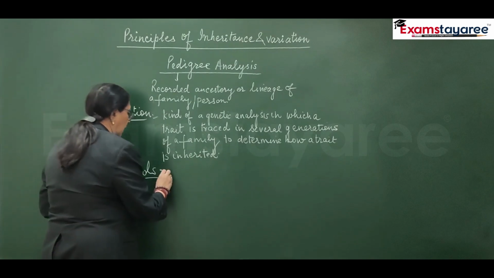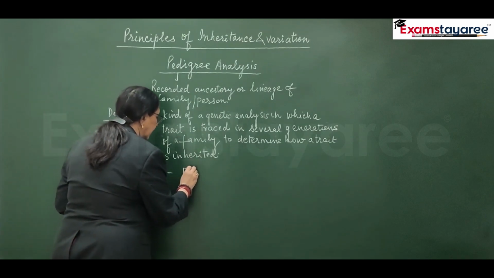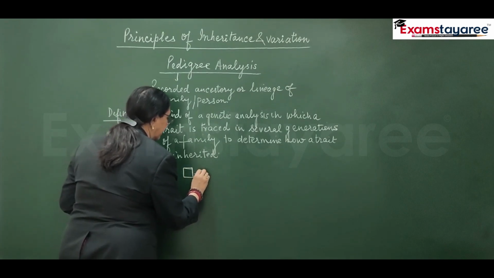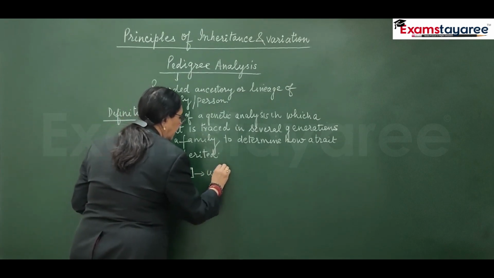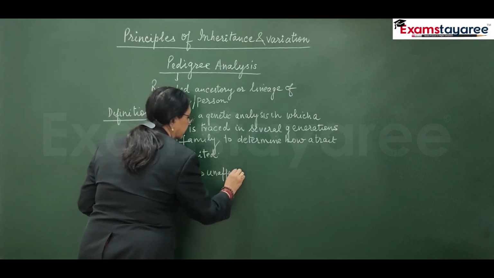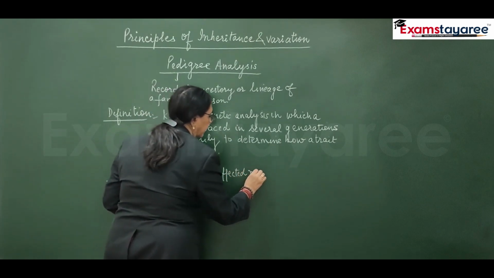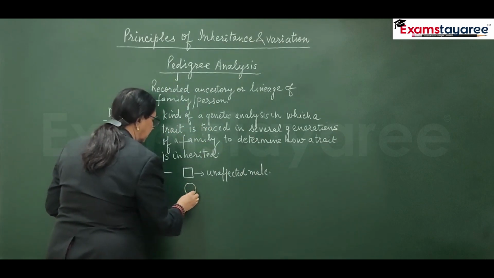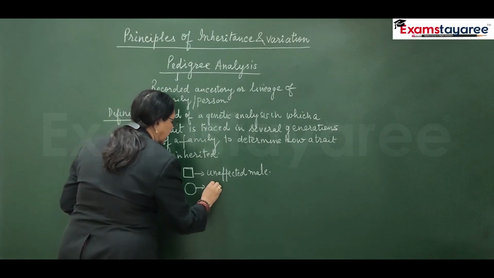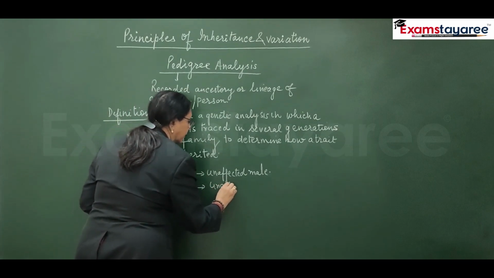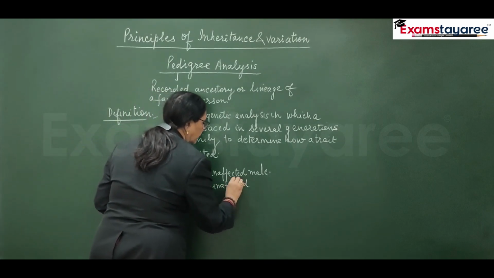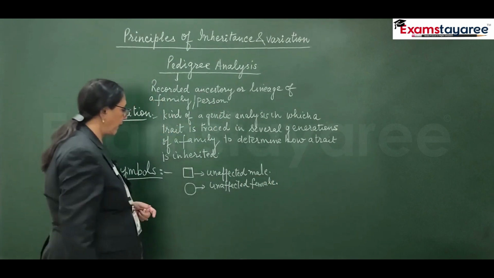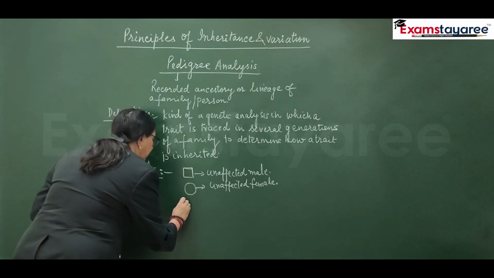So, a male is represented by a square, unaffected male, and a circle shows unaffected female. Right?